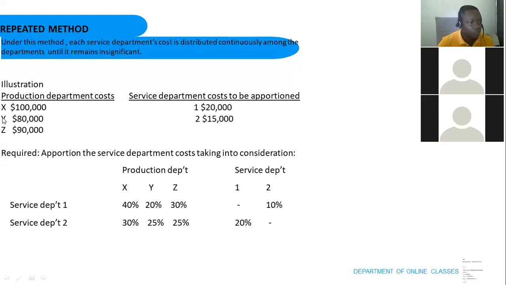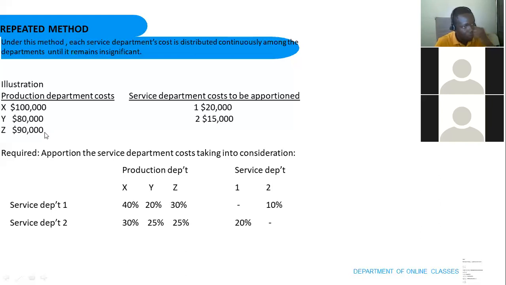For production department Y, they incur $80,000. And for production department Z, they incur a cost of $90,000. So they have three major departments, and these are the costs that has been incurred by those departments.